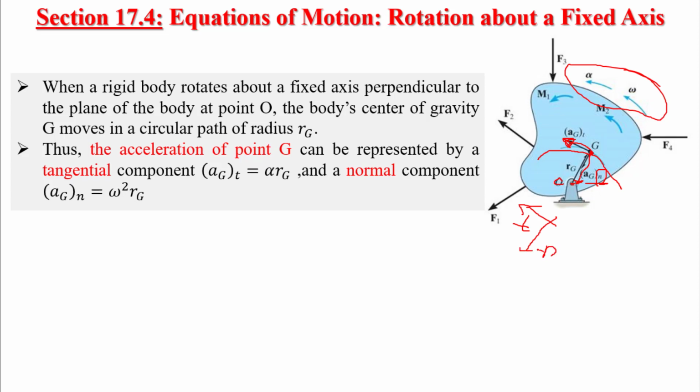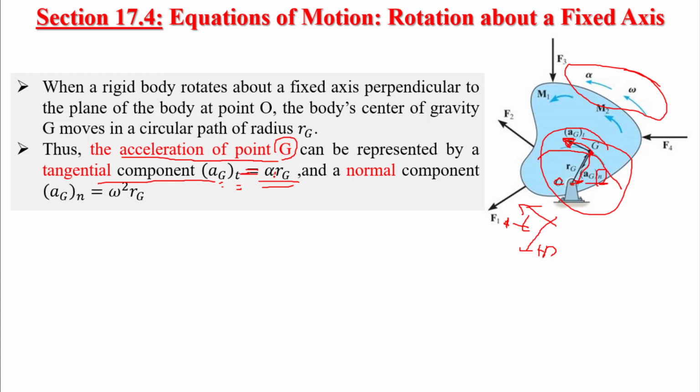This is the positive direction for n and for t, and usually we select the positive direction based on the point that we are dealing with. So thus the acceleration of point G can be represented by a tangential component, and you know exactly this equation from previous sections, or previous chapter. So AG, the acceleration of the centroid in the tangential direction, equals alpha cross product RG, the distance between G and O. Here we have a cross product.